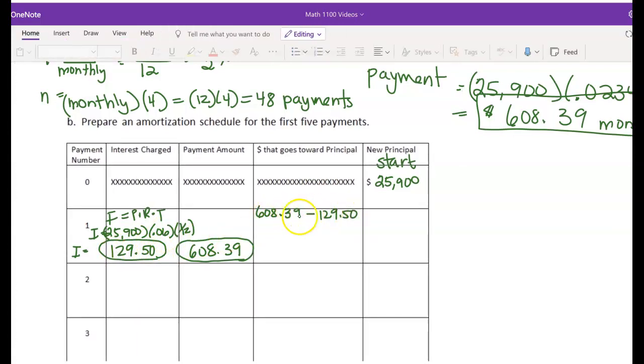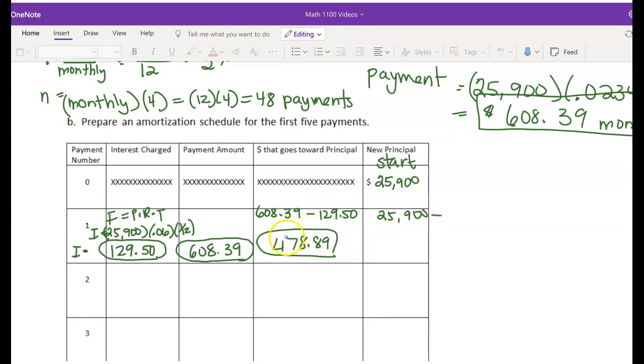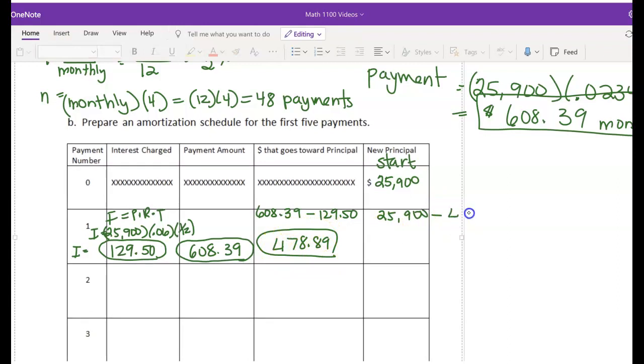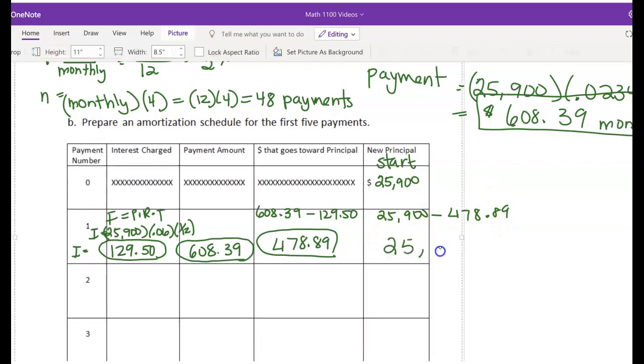And so the amount that's left is $478.89, and that's the amount that goes towards lowering your balance, the principal of your loan. So our new principal is the old balance minus the amount we get to deduct. So that gives us a total of $25,421.11.